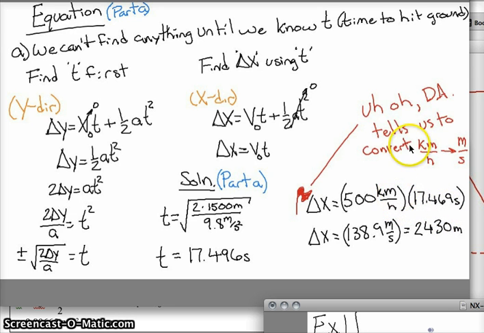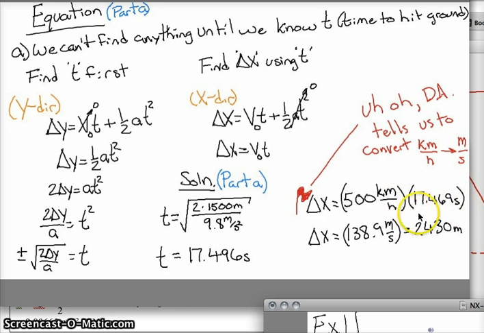Now I'm noticing here that I probably want to make a conversion so that I can get this into units that are in the MKS system. So I end up actually doing that. Please notice here that this kilometers per hour does not agree with this.